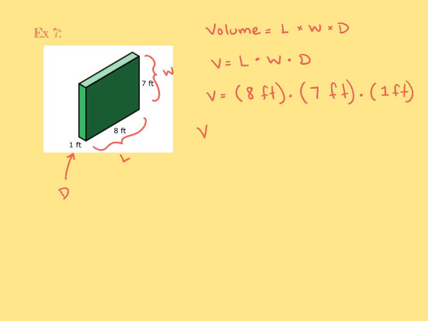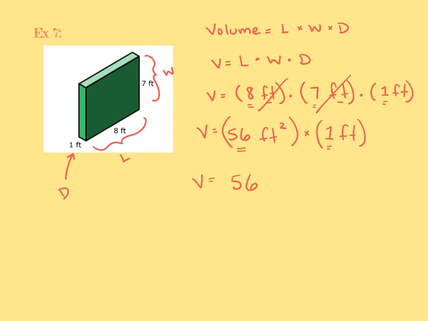Okay, therefore V is equal to 8 times 7 is 56. Feet times feet is feet squared or square feet. Times, we did this, we did this. Now you're going to take 56 times 1 times 1 foot, right? So 56 times 1 is 56.